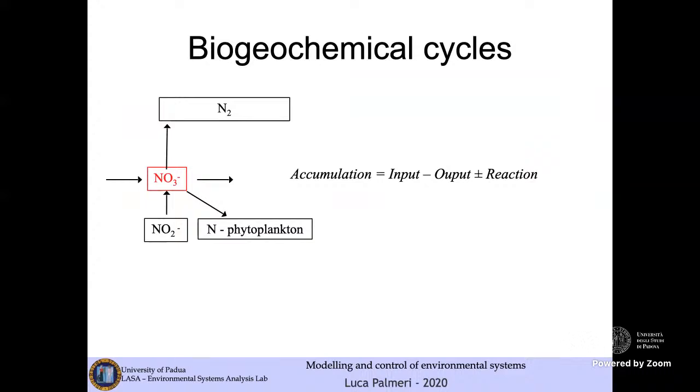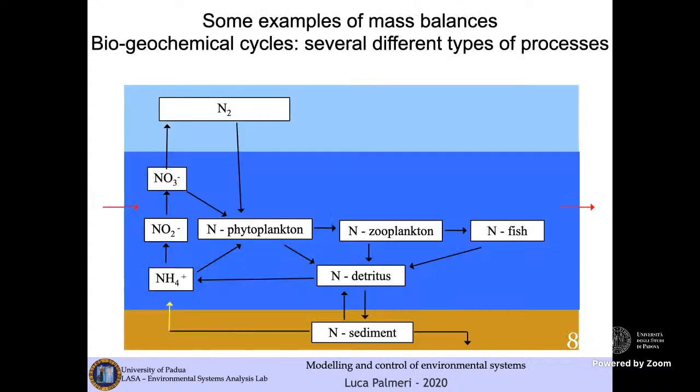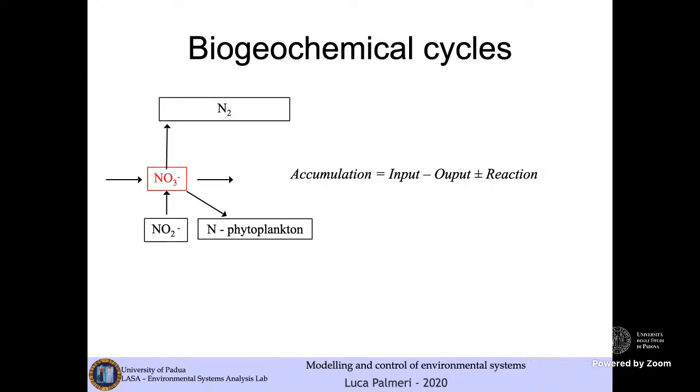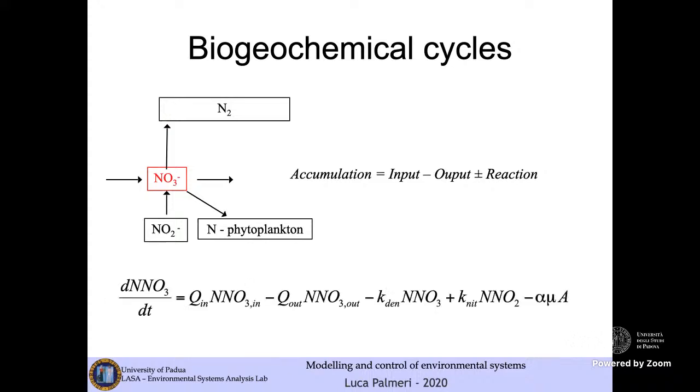We write that accumulation of something is equal to input minus output plus or minus reaction. How do we employ this description in biogeochemical cycles balancing?